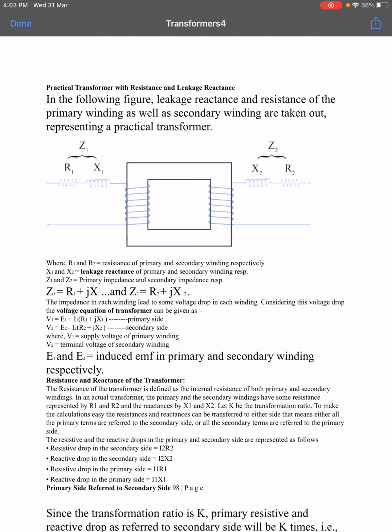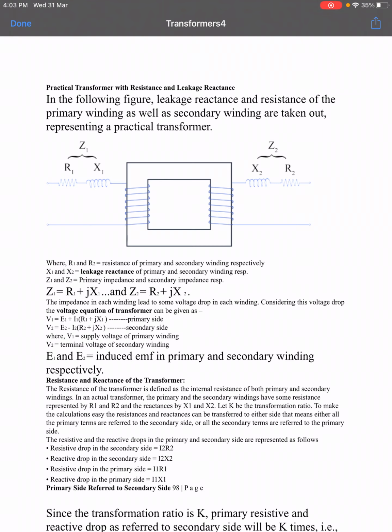In this we have resistance as well as reactance. For AC we call it impedance. Impedance is the combination of resistance and reactance. R1 and R2 are the primary and secondary winding resistances, X1 and X2 are the leakage reactances of the primary and secondary windings respectively, and Z1 and Z2 are the primary and secondary winding impedances.